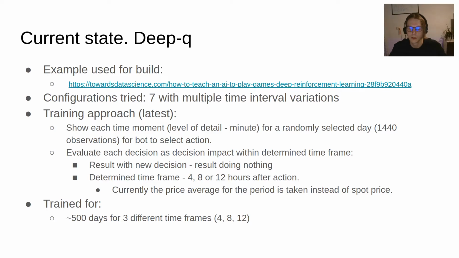So if the bot selects to do nothing, the result will be just 0 because the difference is none. But if the bot, let's say, selects to buy and the current price of Bitcoin is 1,000 euros and it has 1,000 euros, I would then evaluate the result.